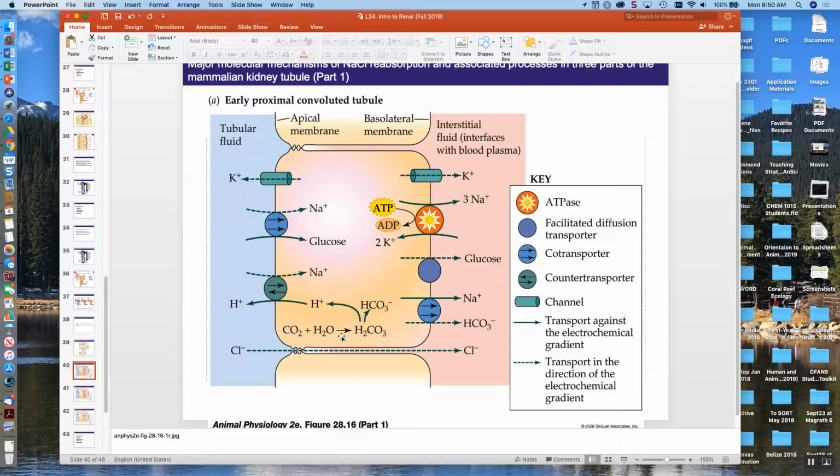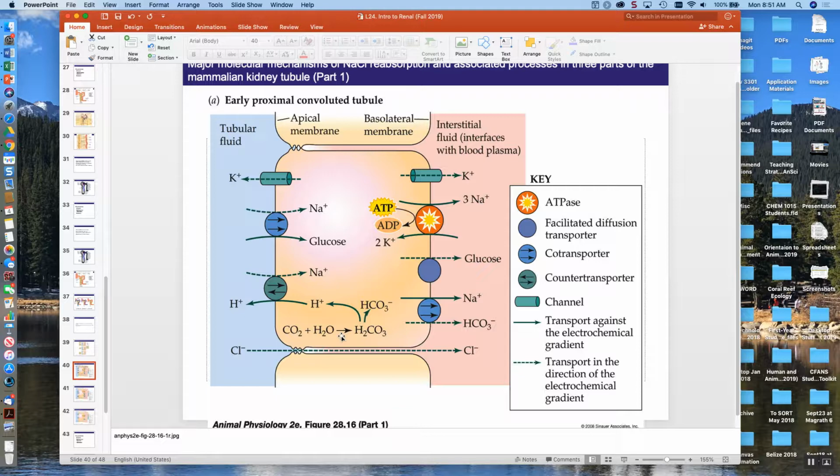Go back over. Here's the reaction. Carbon dioxide and water react. There is an enzyme that's important here called carbonic anhydrase, and it facilitates this reaction.